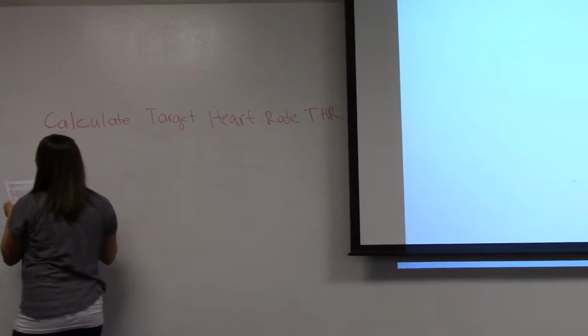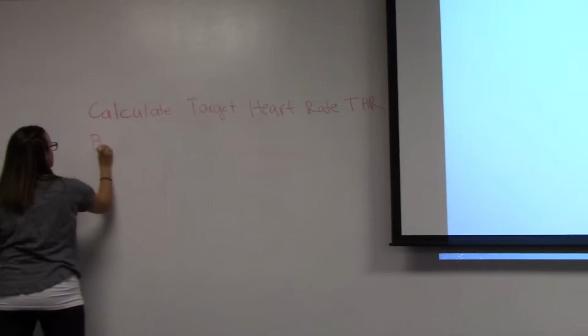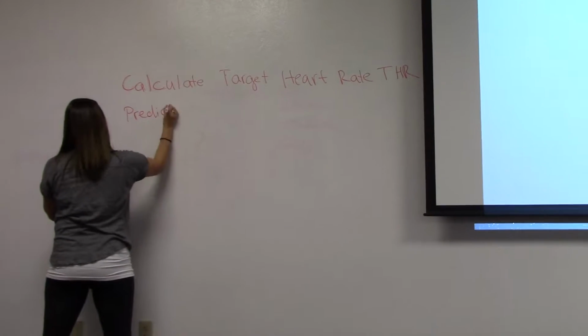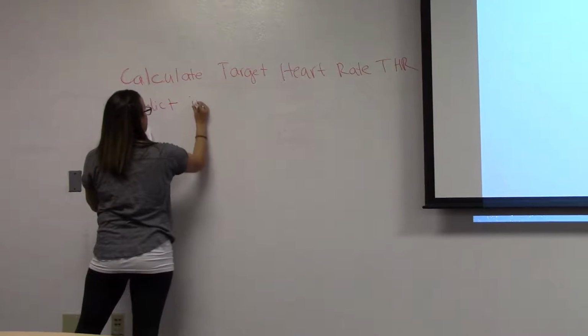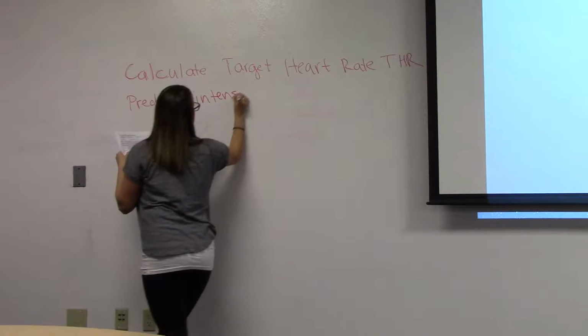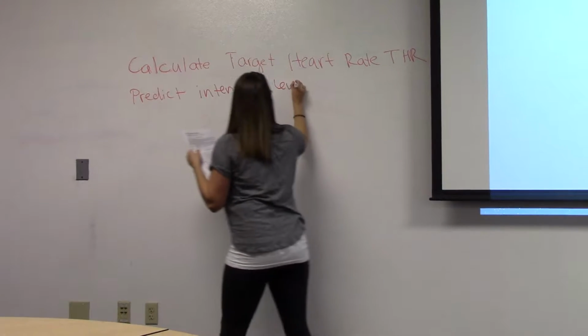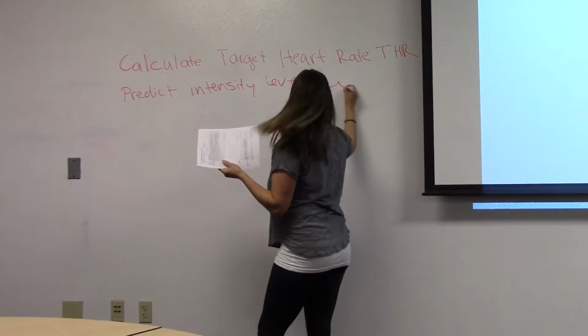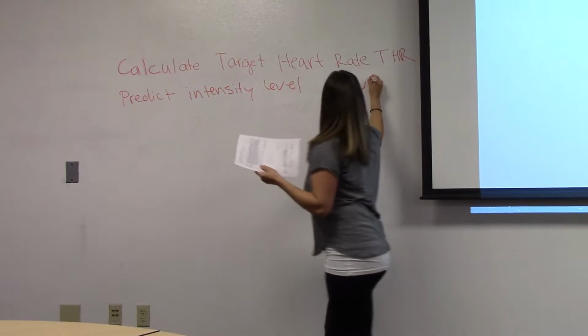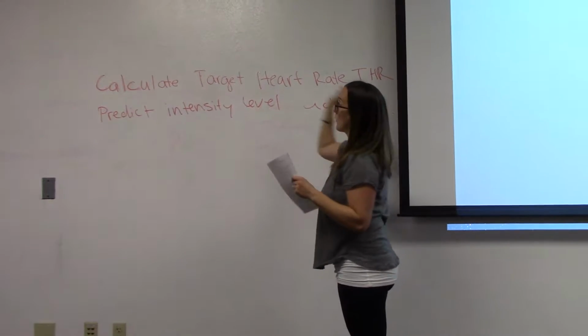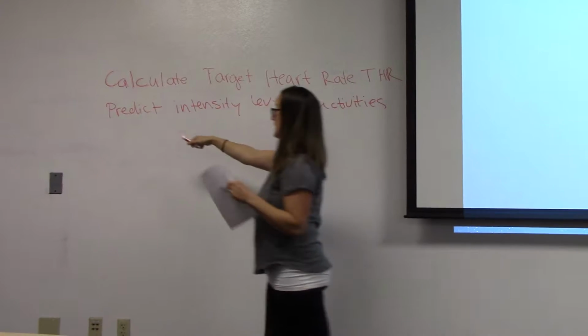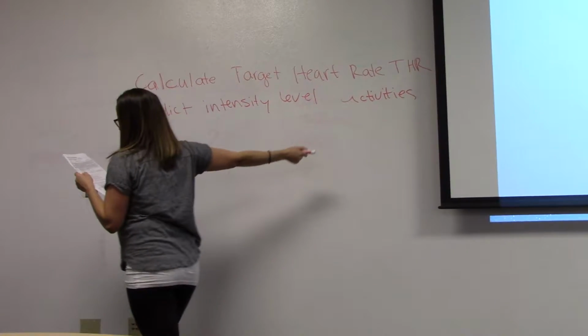And then we're going to learn how to predict intensity levels of activities. Okay, I'm going to shorten this so you guys know. Just some notes here. We're going to learn how to calculate our target heart rate and predict intensity levels of different activities.